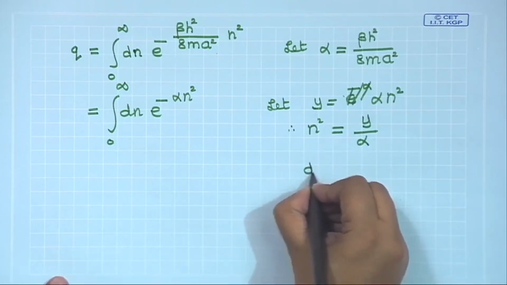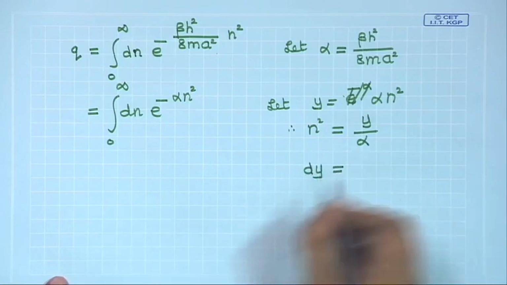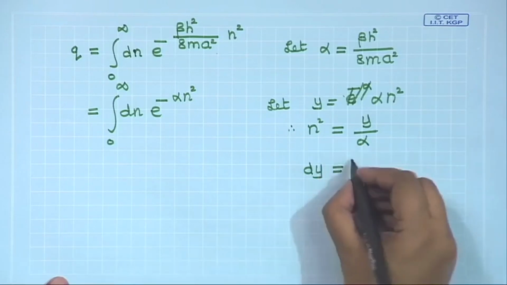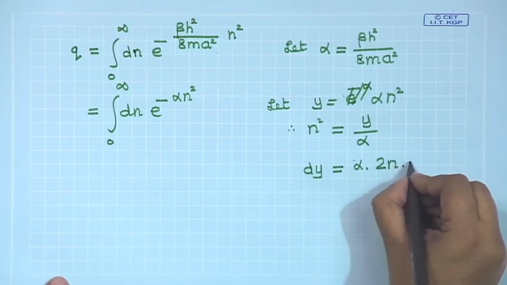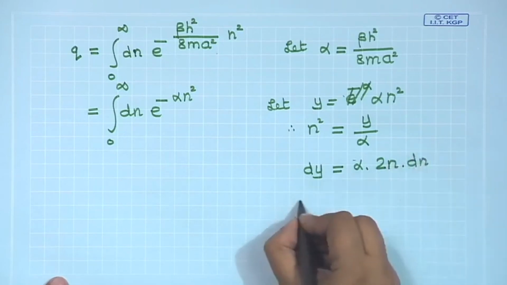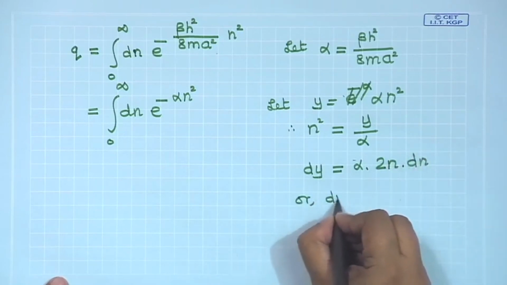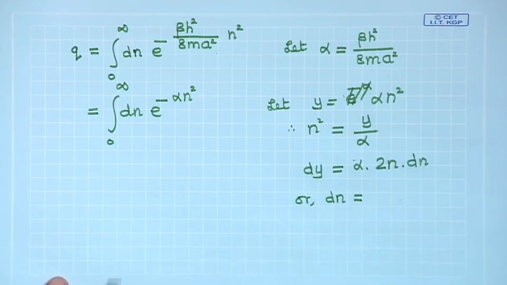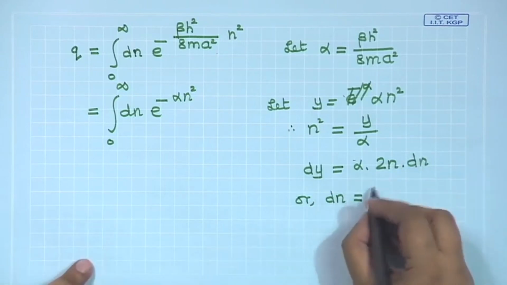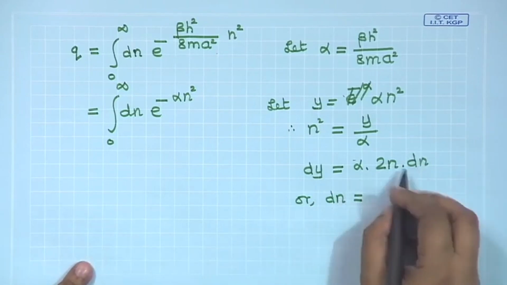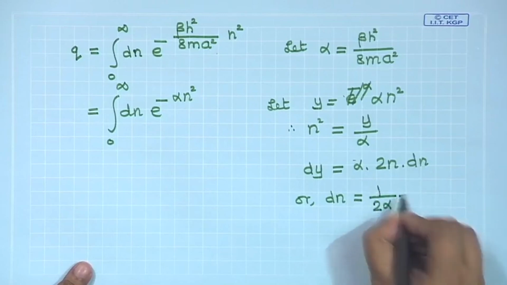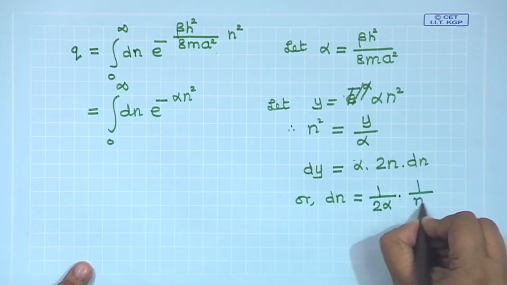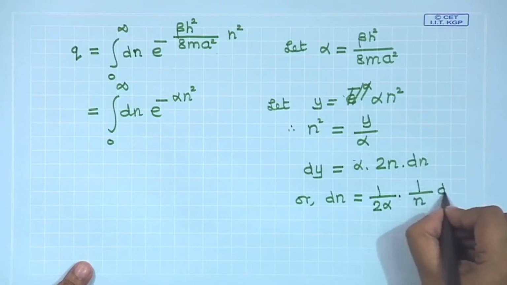And now, since I know y, I can find out what d y is. d y would be alpha into 2 n into d n. Now, I am going to finish doing this change in variable and say that then d n is equal to 1 by 2 alpha into 1 by n into d y.